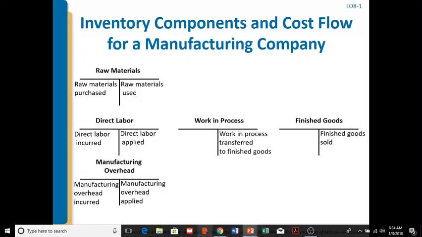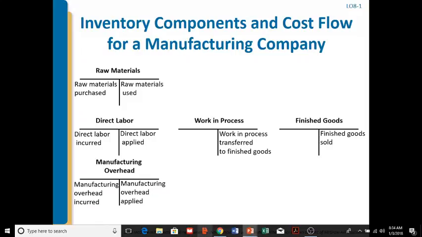So you may remember this from your managerial accounting days. Again, you have raw materials and direct labor that are contributed to manufacturing goods, as well as these indirect items that fall under manufacturing overhead.